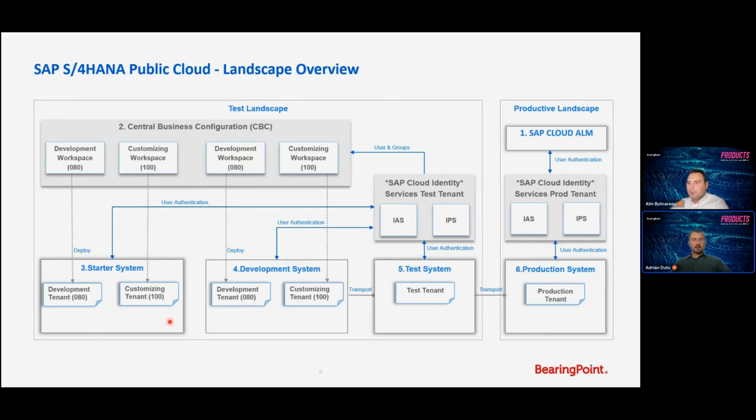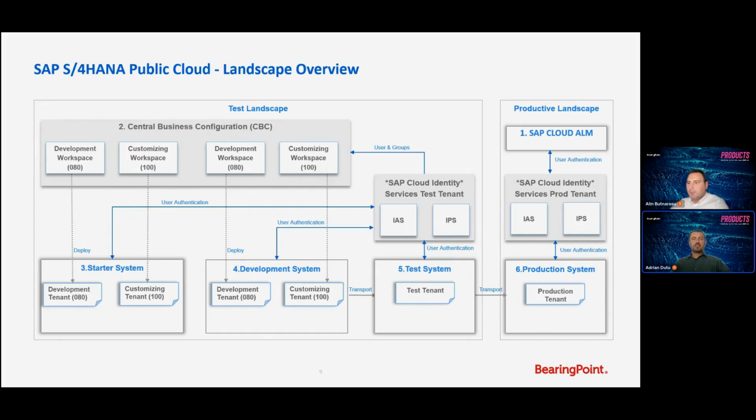After the fit-to-standard analysis configuration, definition of org structure, chart of accounts, fiscal year variant, and group currency, you have then the option to provision the development system, and as well it comes pre-configured with two tenants, and their usage was mentioned before.